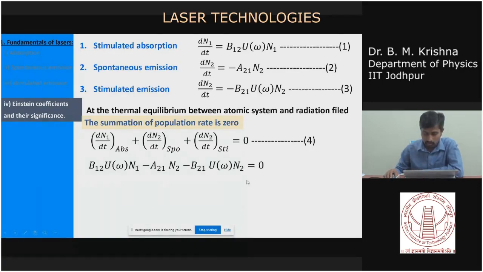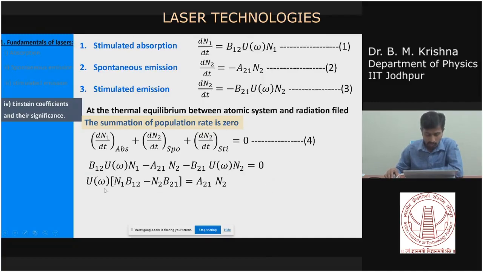Now if you substitute from equations 1, 2 and 3, you get B12 U of omega N1 minus A21 N2 minus B21 U of omega N2 equals 0.